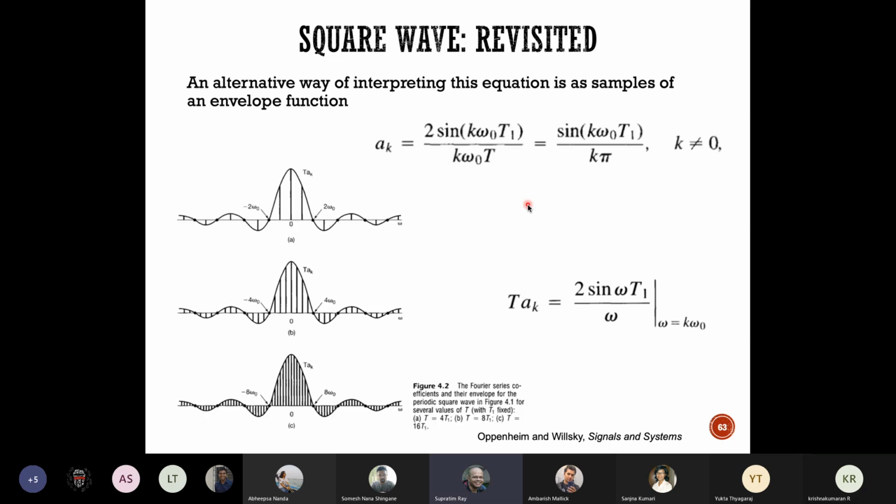In effect, it just gives you the coefficients at closer and closer points. Remember, omega naught is 2 pi by T, so it's now reducing and reducing. Essentially at the limit, it will just become infinitely close, and you'll end up getting a frequency representation, which is this continuous function given by this formula. That's essentially the periodic extension of an aperiodic signal.